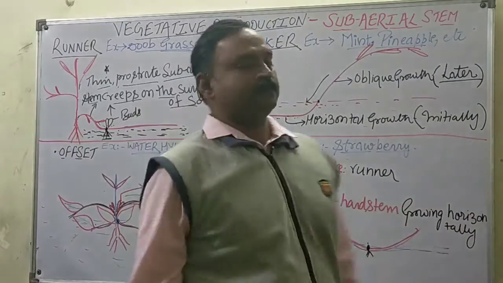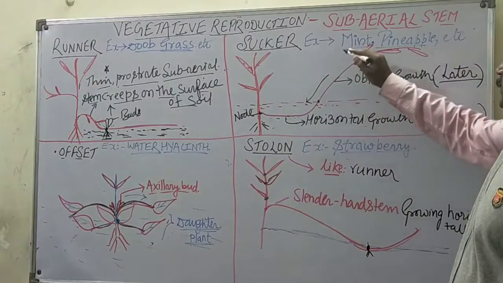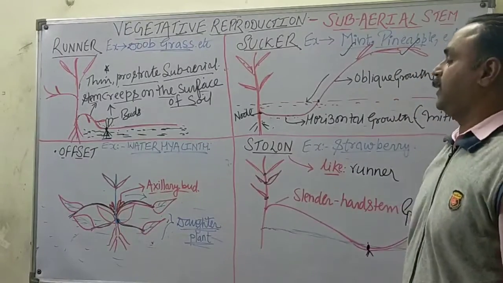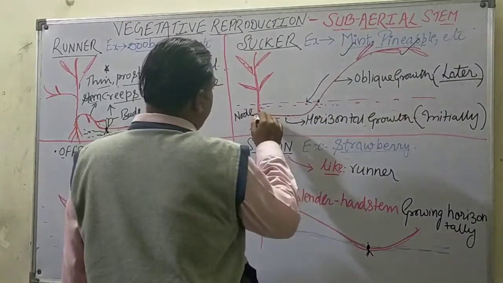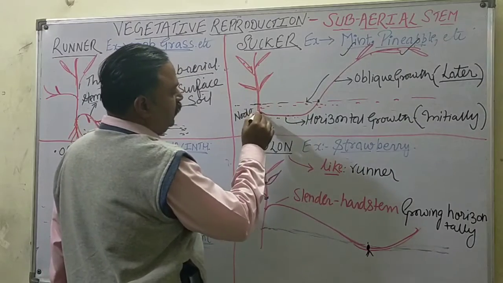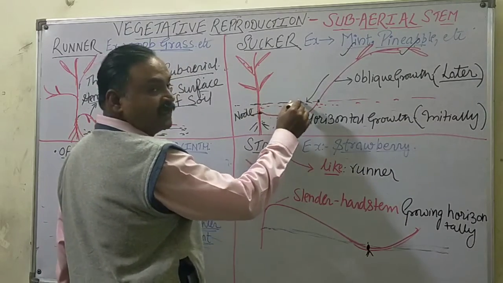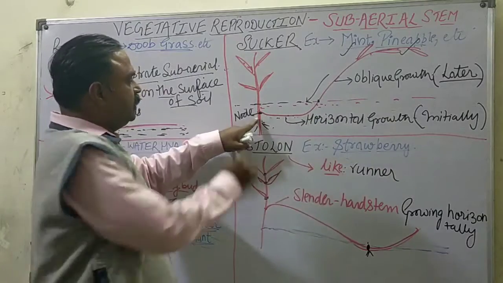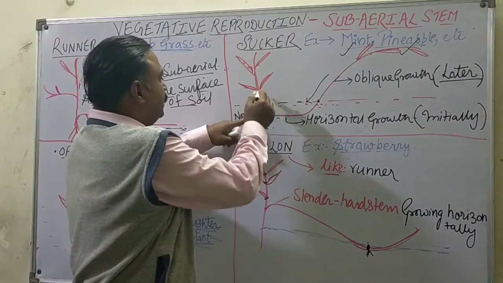Now the sucker. For sucker, the best examples are mint and pineapple. Here, what happens? Here the node is below the surface of the soil. You see, this is the surface of the soil, and this node is below, and this is above.